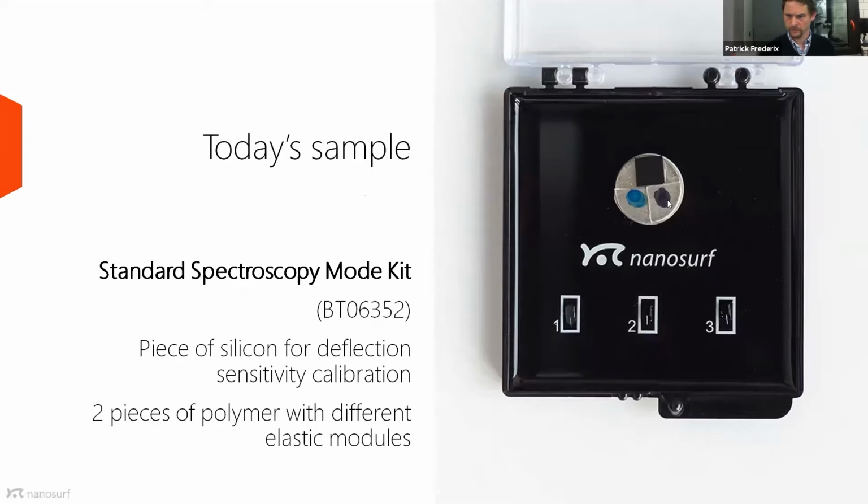In the bottom, with the blue and the black dots, you see 2 pieces of polymer about the same thickness as the silica, but they have a slightly different elastic modulus and also different adhesion properties. So this is the sample that I will show you the principle of how to do the measurements on.